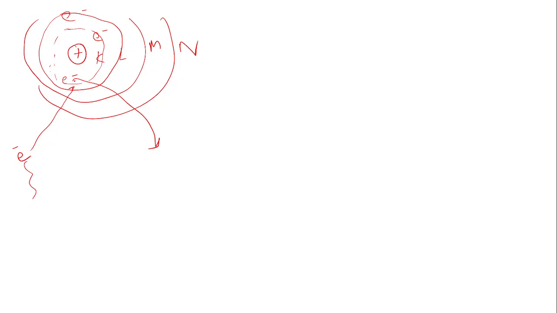But now, since there is a vacancy here, an electron from a higher energy level will come down to fill that gap or vacancy. Say this electron came and knocked the electron from the K shell. Now the K shell has a vacancy. Now if the immediate next shell, which is L, sends an electron to the K shell, then we know that energy level is proportional to n square, where n is the principal quantum number.